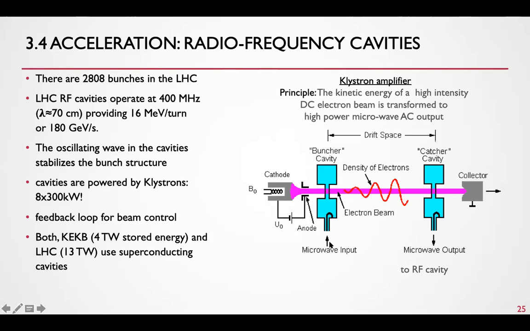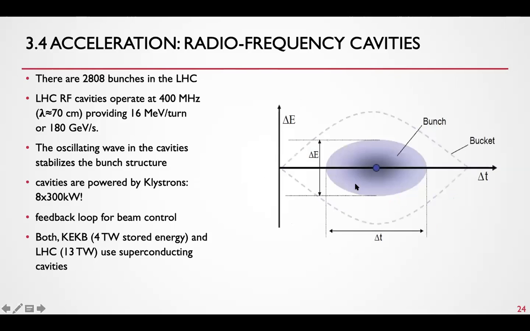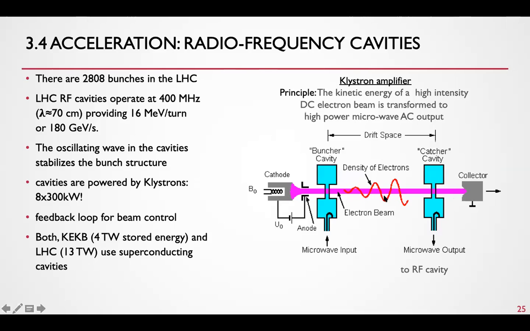Then you have a microwave input into a buncher cavity. And by the same principle that I just explained to you for how the bunch is stabilized, right? So if we have a continuous stream of electrons, and we guide it through a buncher cavity with a microwave input that's high frequency, low power.